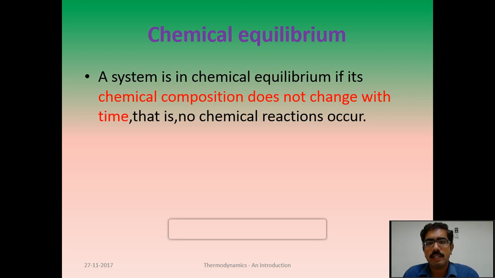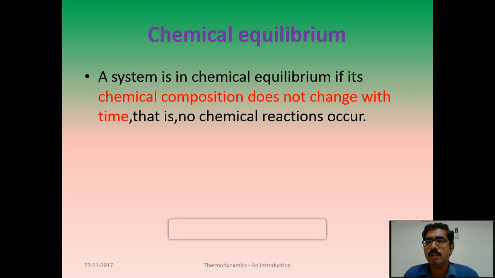Last one is chemical equilibrium. In chemical equilibrium, the chemical composition does not change with time. That means no chemical reaction should take place, because if there is a chemical reaction, obviously there will be a change in the chemical composition. So if the system is in chemical equilibrium, the chemical composition should not change with respect to time.